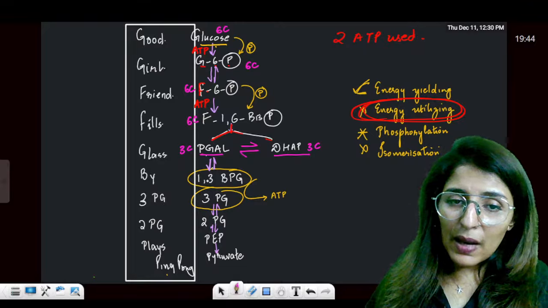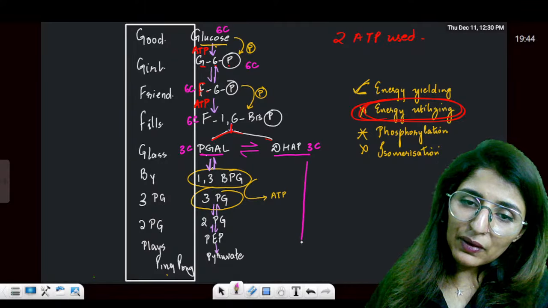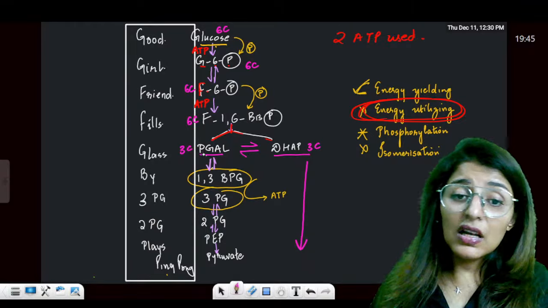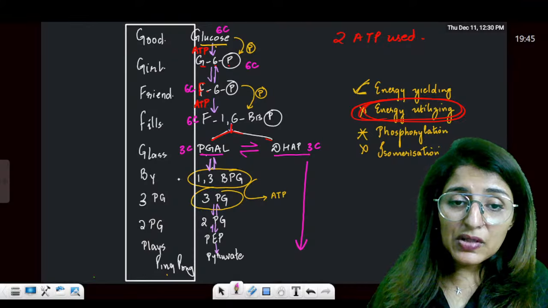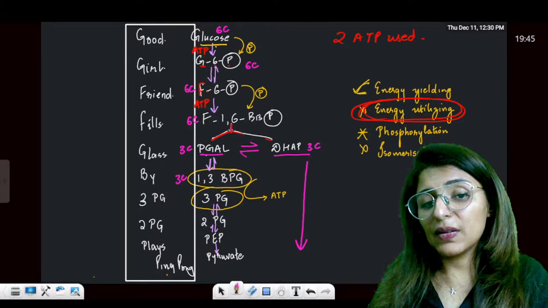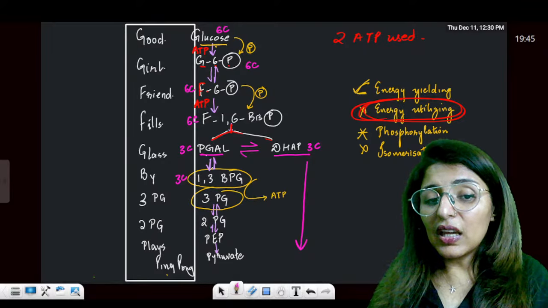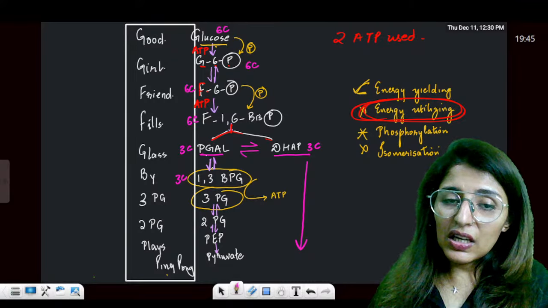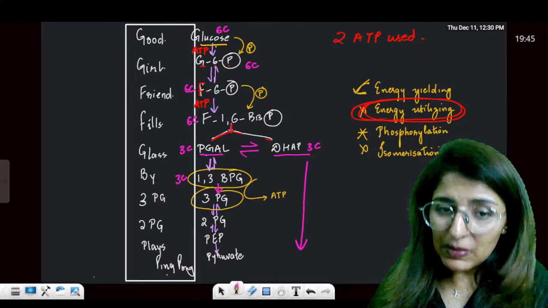Now, let's see what happens for PGAL. The same thing will happen for DHAP. Why? Because DHAP can change into this. Is that clear? So, this 3-PGA will change into another 3-carbon compound known as 1,3-BPG. Are you getting that? Now from 1,3-BPG, it will become 3-PG.